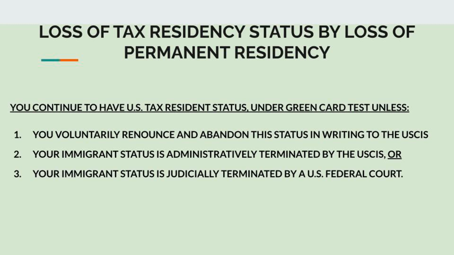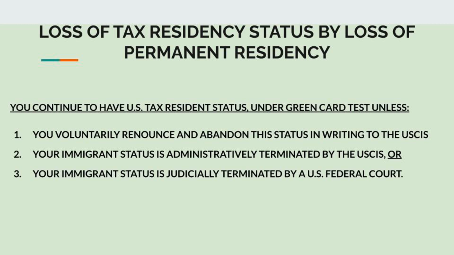So there's only three scenarios in which you end up losing your green card and your lawful permanent residency. Number one, you voluntarily renounce and abandon this status in writing to the USCIS. If you start writing to the USCIS and returning your green card, that's one scenario in which you will lose your green card and your tax residency.